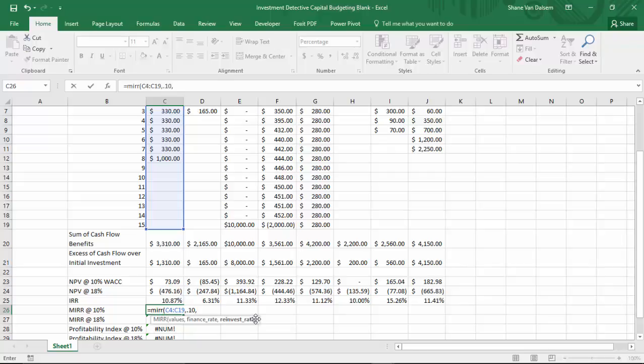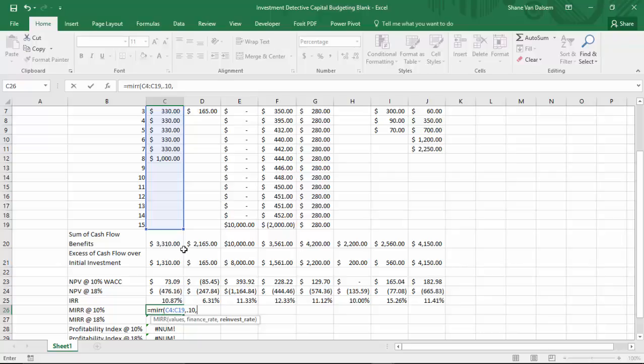The next is the reinvestment rate, and that's what I was talking about when I calculated MIRR and talked about the difference between NPV and IRR being the assumption of what the reinvestment rate was. If you remember, for IRR, the assumption for the reinvestment rate was the IRR that we calculated.